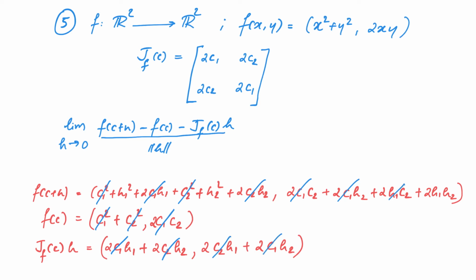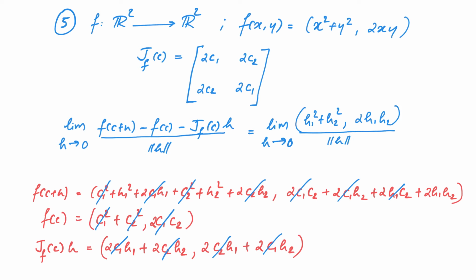Once we cancel off all these terms, we will be left with (h1^2 + h2^2, 2h1h2). Thus, the earlier limit can be simplified and written as the limit as h tends to 0 of ||(h1^2 + h2^2, 2h1h2)|| divided by ||h||.